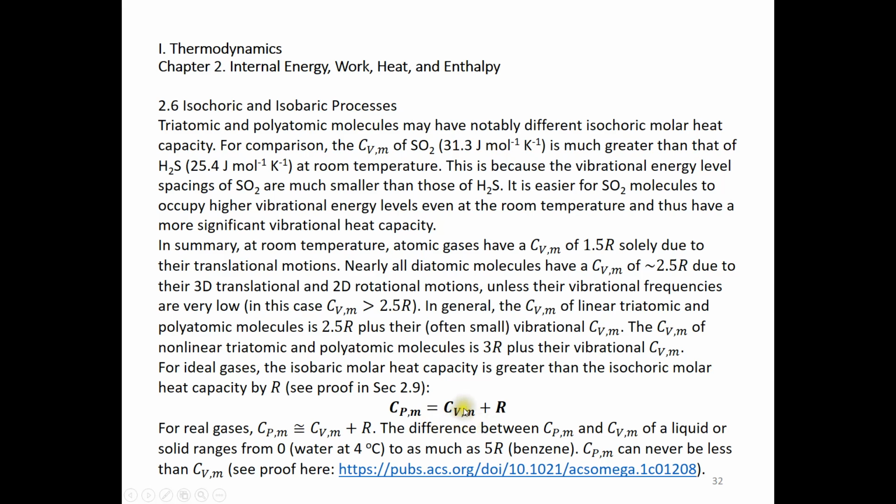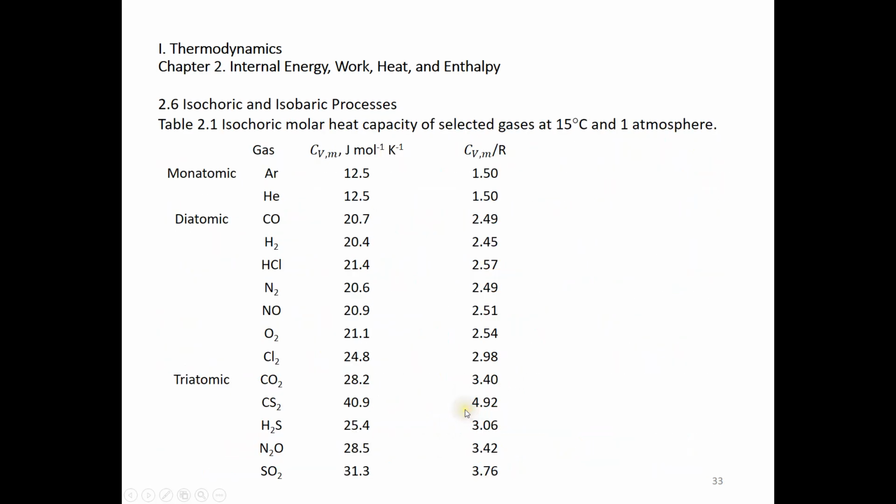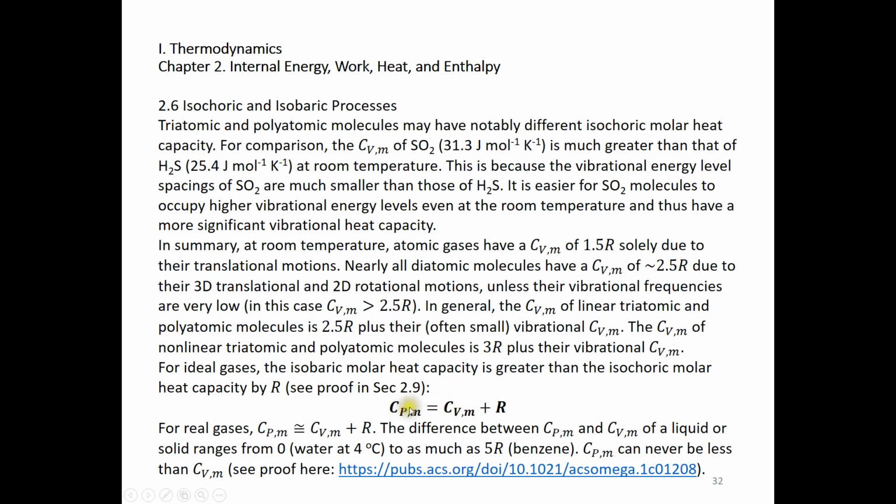For example, it can be isochoric, it can be isobaric, and they actually differ by R if your substance is an ideal gas. For real gases, this equation holds approximately: CPM is approximately CVM plus R. For a liquid or a solid, never use this equation. Again, this equation is for ideal gases exactly, and for real gases approximately. This equation is almost never correct for a liquid or a solid. Even if it's correct, it's just coincidence.